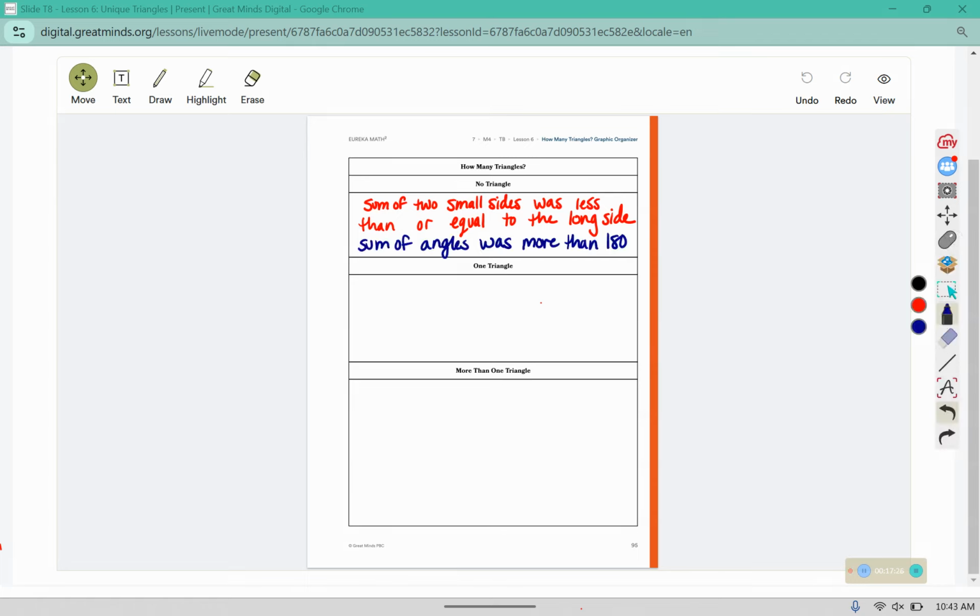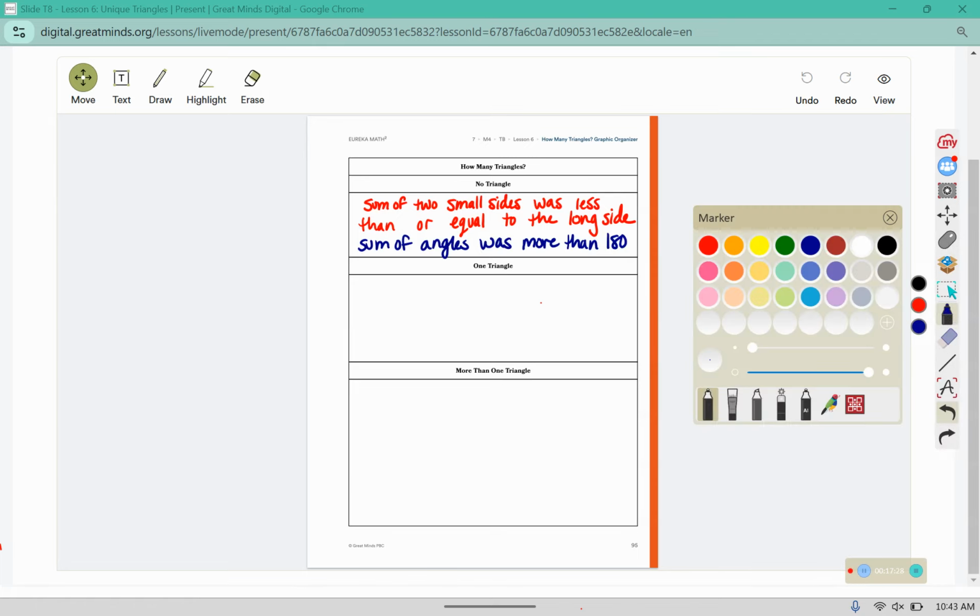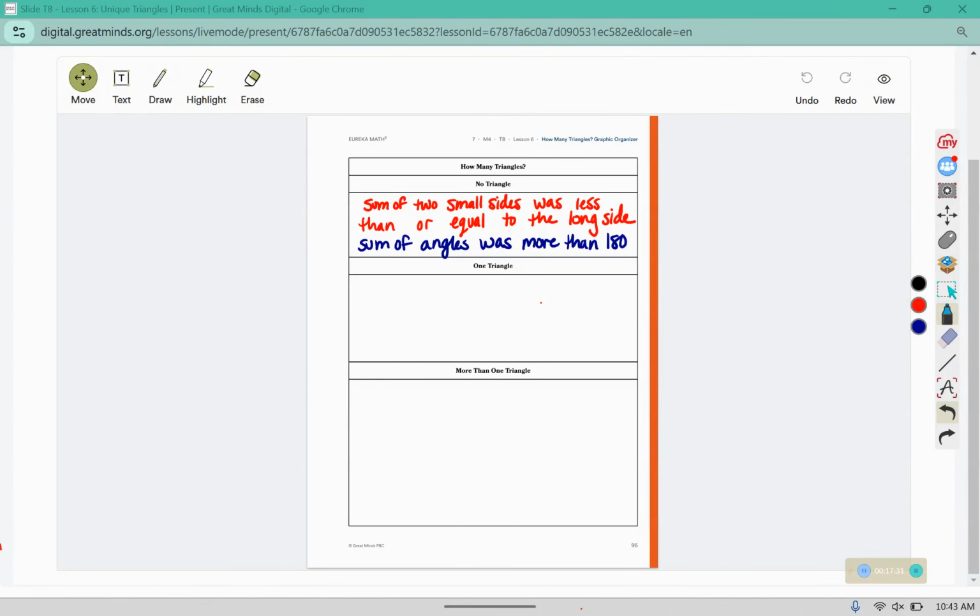We were able to create more than 1 triangle when we were given 1 angle, two angles that were less than 180, or 3 angles. We were also able to create more than 1 triangle when we had just 1 side length provided.